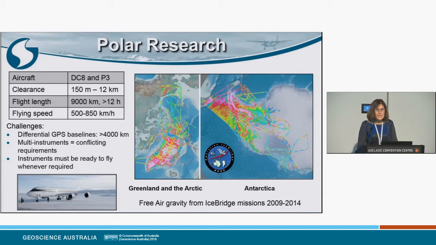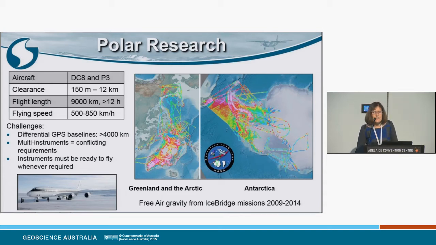On the other end of the scale are the projects that we've been flying with NASA since around 2008, I believe, which was the International Polar Year, our first project. These are very different in that we put our gravimeter in with a whole pile of other instrumentation that other groups provide to NASA in a big aircraft, either a DC-8 or a P-3, or I think it was done with a Twin Otter in Antarctica as well.